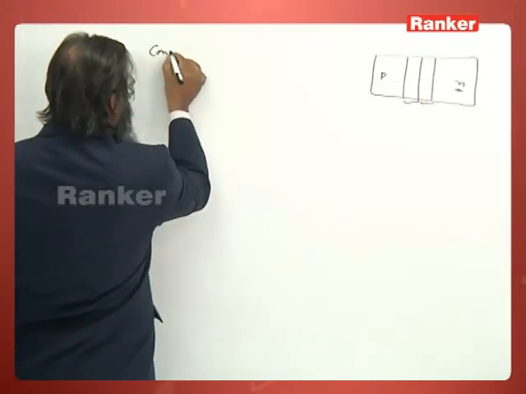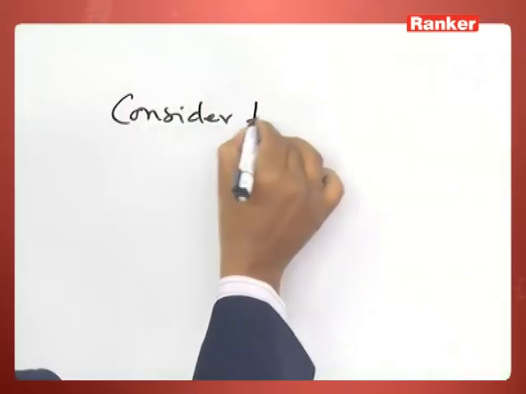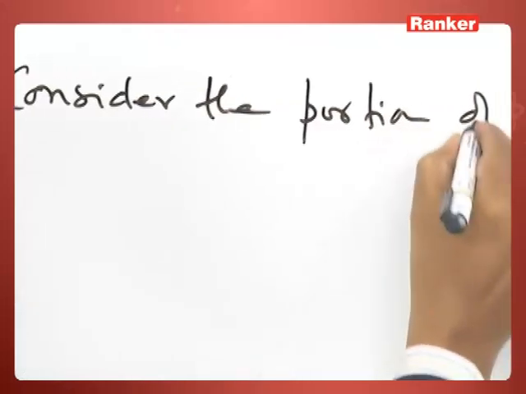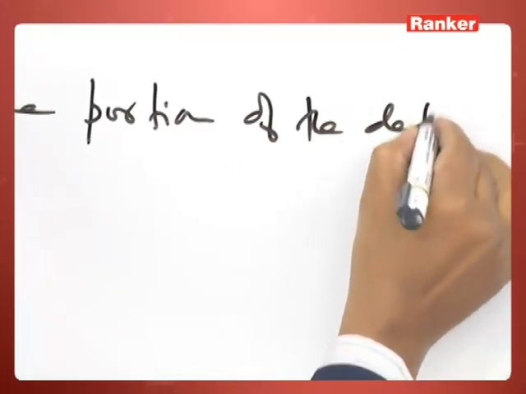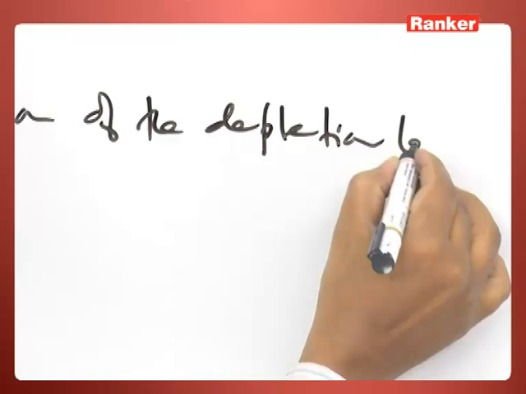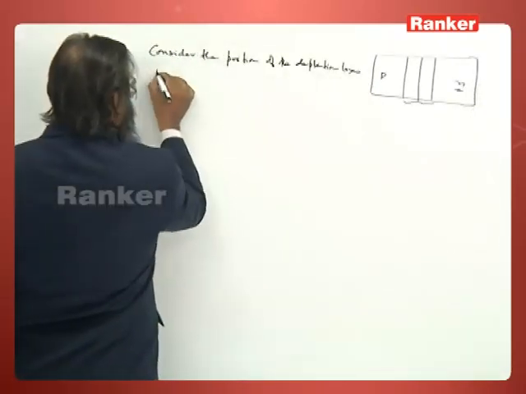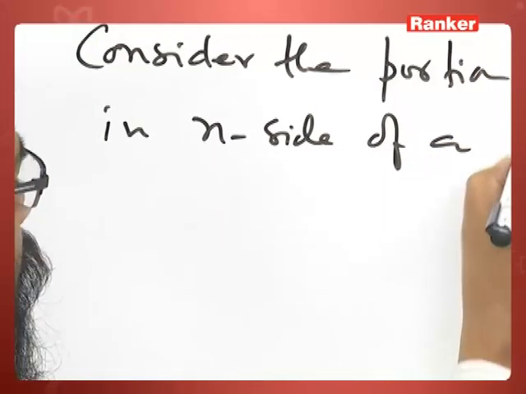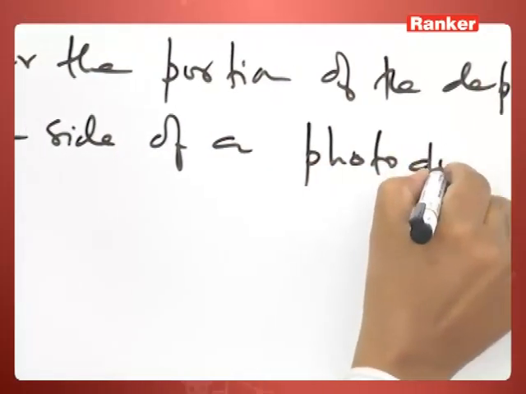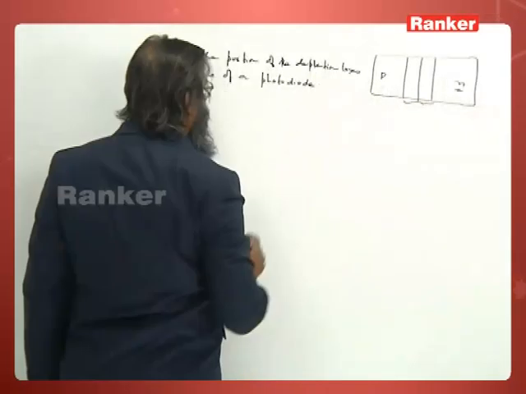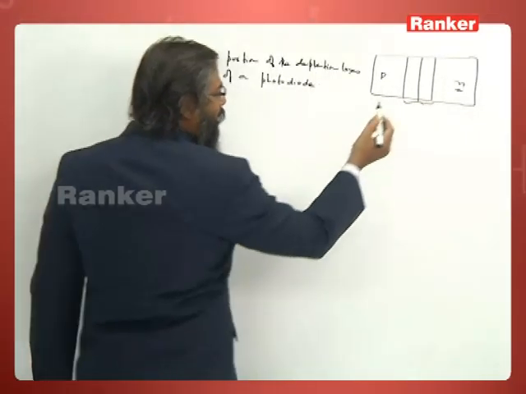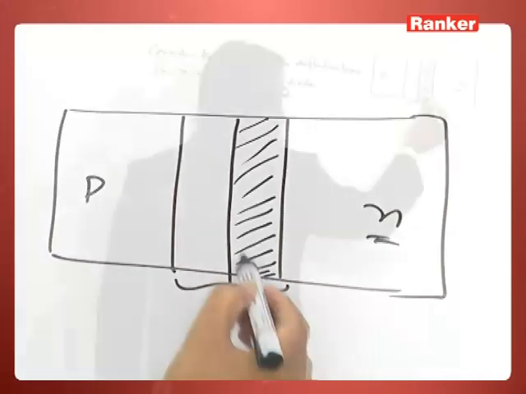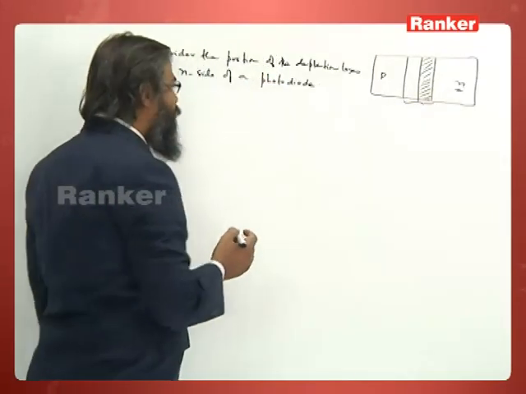Consider the portion of the depletion layer in the N side of a photodiode. That means I am considering this shaded portion. So, what happens in the shaded portion?